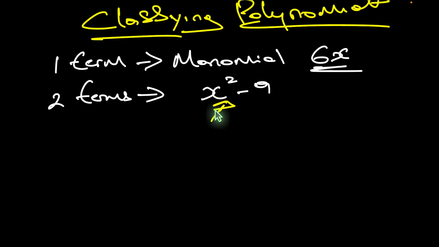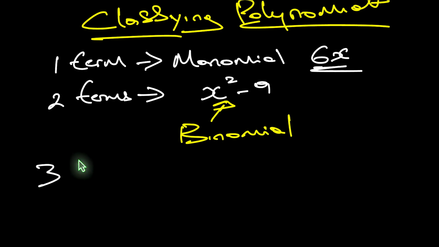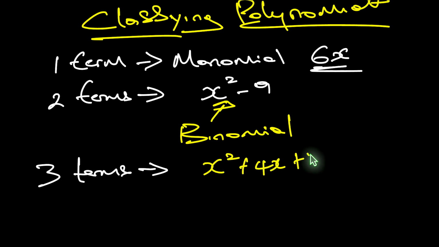Then this one is what's known as a binomial. Let's say we have three terms. I'm waiting on you to guess this one. So it could be something like, let's say, x squared plus 4x plus 3. Then this is what's known as a trinomial.